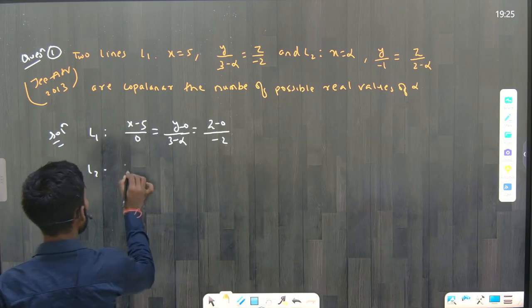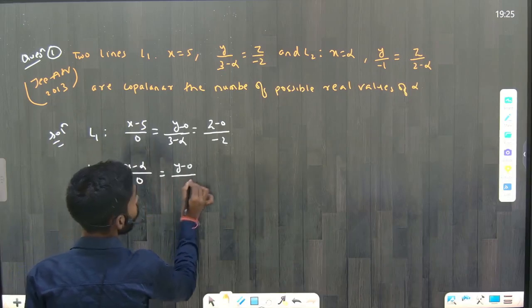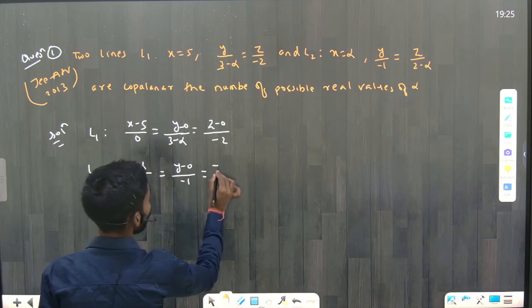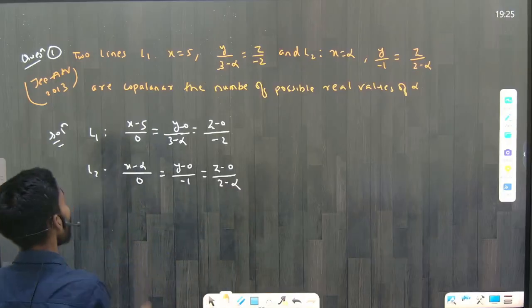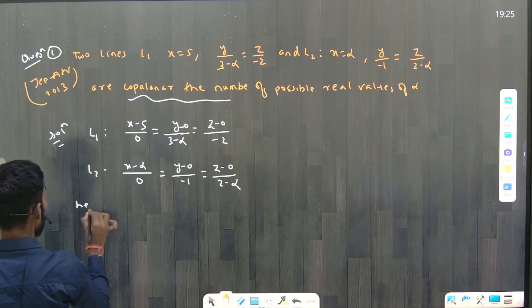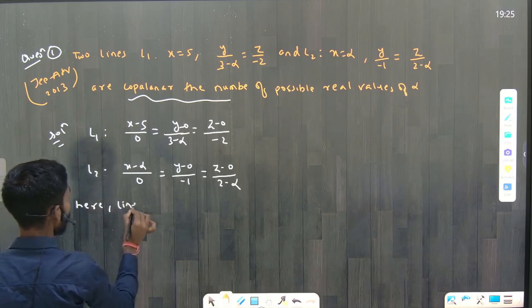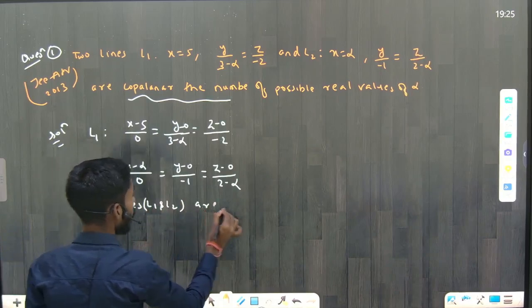And what is the form of L2? x minus alpha upon 0 is equal to y minus 0 upon 1 is equal to z minus 0 upon 2 minus alpha. Here it says that lines L1 and L2 are coplanar.